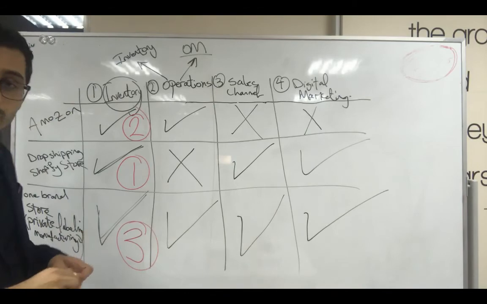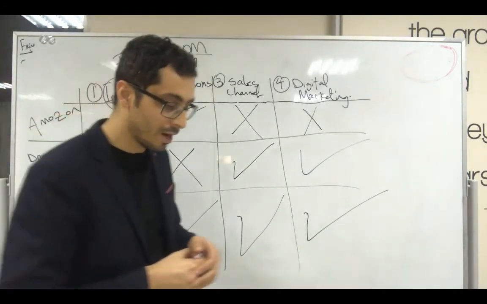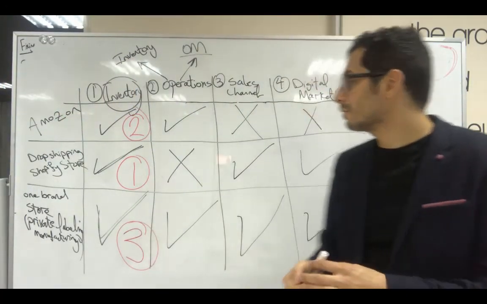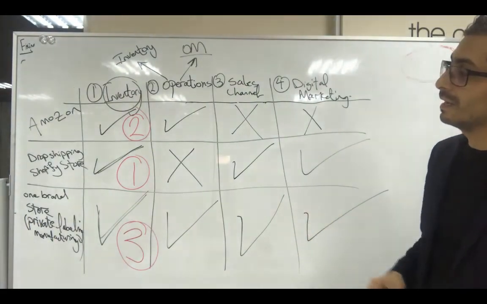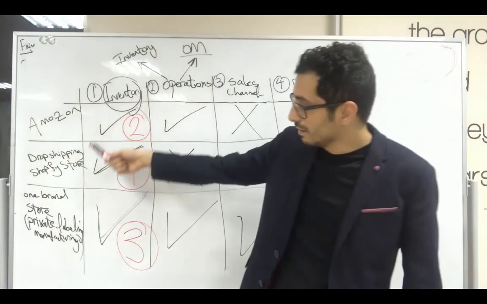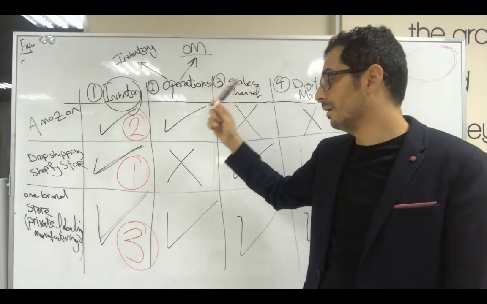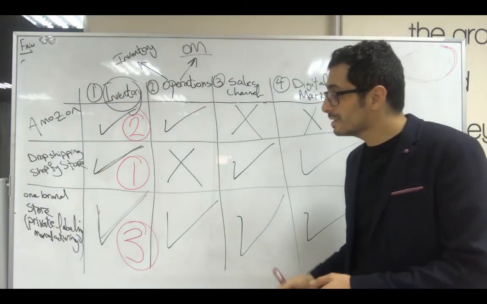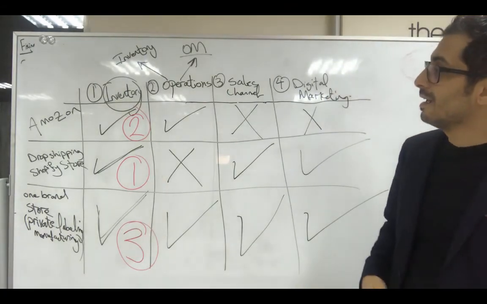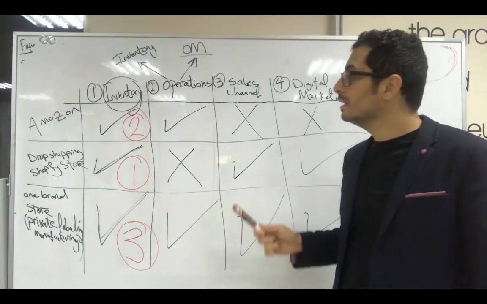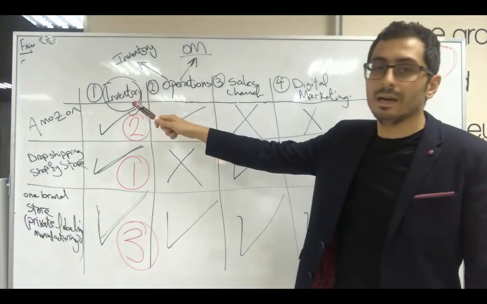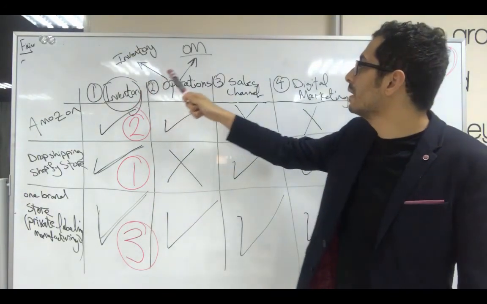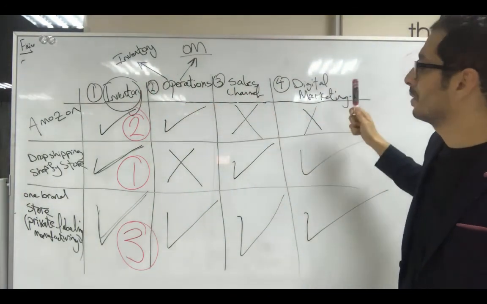So going back now and to wrap up this video, now you can see in front of your own eyes that at the end of the day, this list of 3 examples can even be expanded into 100 different examples. But with every single one, you will find that there are a very limited number of components. It's very simple: inventory, operations, sales channels, digital marketing.